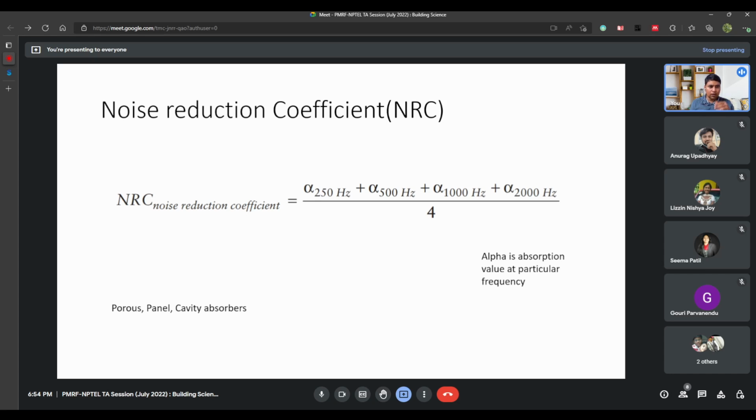To choose a sound barrier or absorptive material, you should look at the material's absorption coefficient relating to that particular frequency. And this noise reduction coefficient gives an overall number to help choose which material, instead of confusing people with multiple frequency-related coefficients.